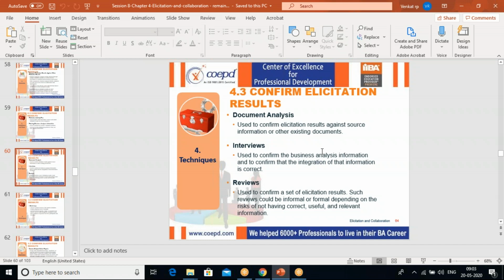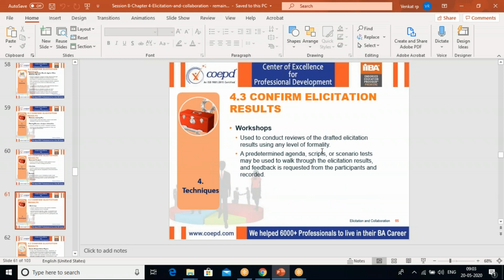If you have a doubt, you have to confirm it. What are the various ways of confirming it? The techniques used are document analysis, interviews, reviews, and you can conduct workshops to confirm these results, right?